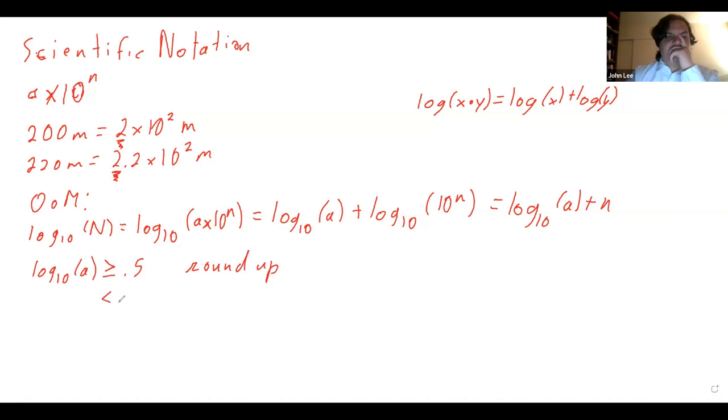And if it's less than 0.5, it rounds down. So if it rounds up, the order of magnitude is going to be equal to 10 to the n plus 1. And if it rounds down, it's going to be equal to 10 to the n.